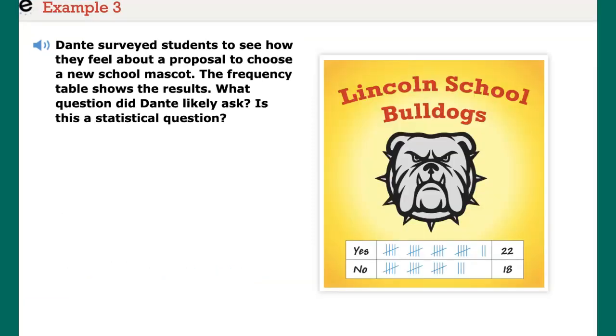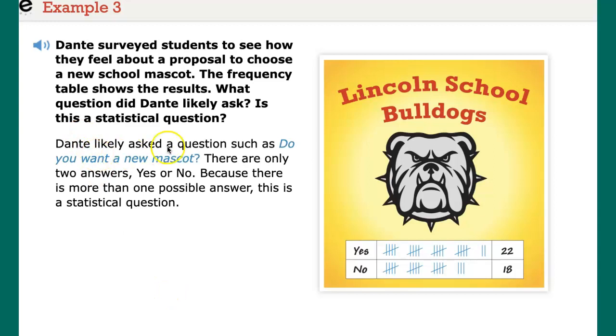Dante surveyed students to see how they feel about the proposal to choose a new school mascot. The frequency table shows the results. What question did Dante likely ask? Is this a statistical question? Dante likely asked a question such as, do you want a new mascot?